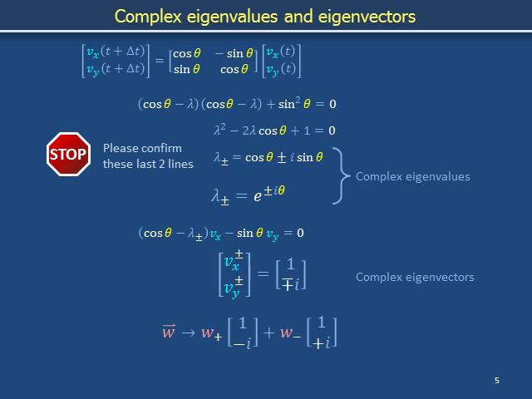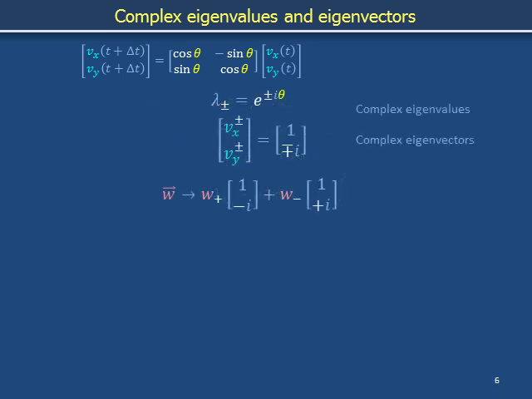Using the eigenvectors of the rotation matrix as a basis for expressing a generic vector w allows us more easily to analyze the effect of applying the rotation operator to the vector w.